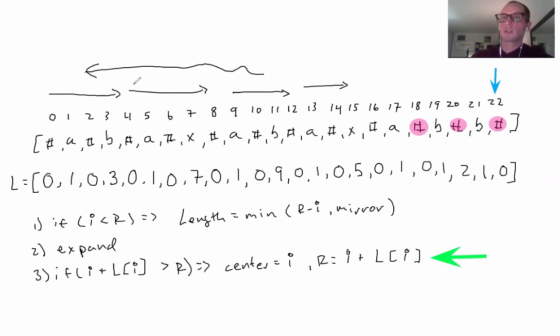So at most, we're looking at every individual index twice, because we're looking at it once as we expand, and then once as we increment across it. So the time complexity of this algorithm is of order 2n, which, if you drop the constant, is just order of n. So let's take a look at what this algorithm would look like in code.